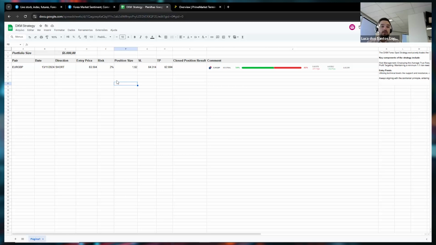It just depends on that. Now, the position size is how many lots we are entering in that position. Then the stop loss price, the take profit price, and once we close the position, we're going to have a result: either positive, negative, or break even.